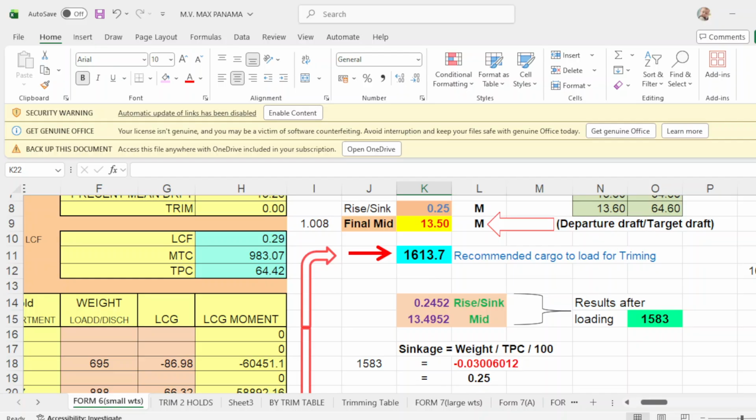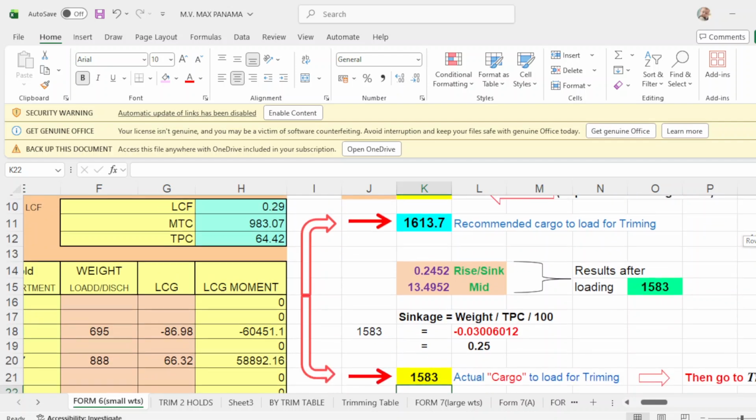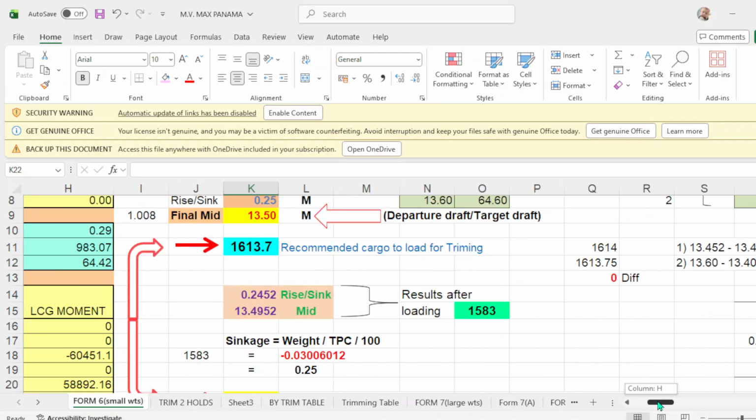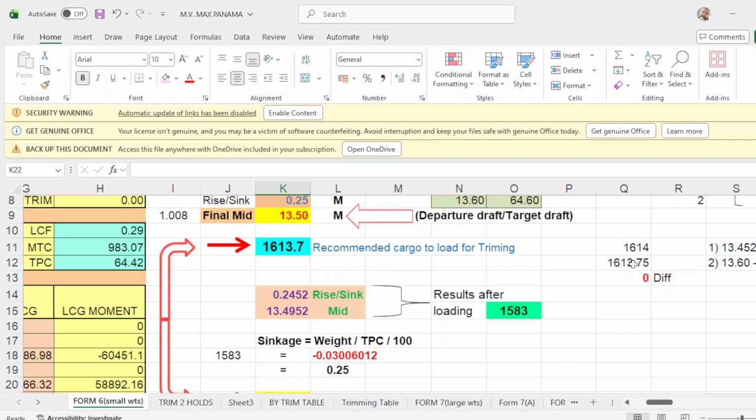Why? Because the amount you put is less than the recommended cargo for trimming, but he computed only for 1583, which is a difference of, okay, difference of how much?